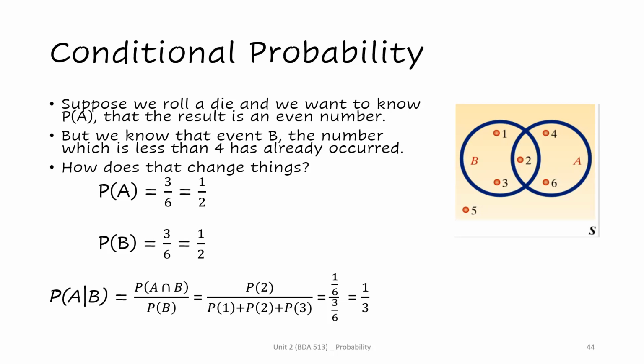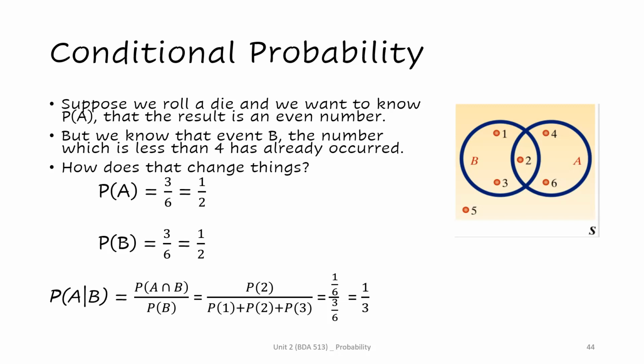So here we are finding the probability of A, knowing that event B, that is a number which is less than 4, has already occurred. So what we do is find the intersection of A and B divided by the probability of B. The probability of A and B, remember, is 2, that is 1 out of the lot.